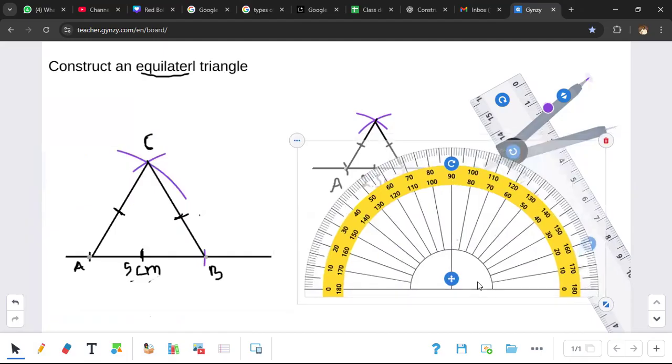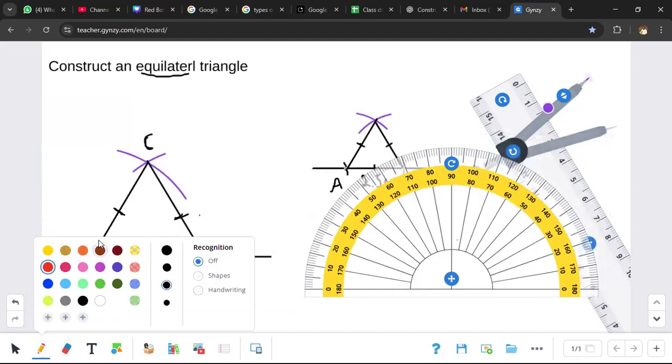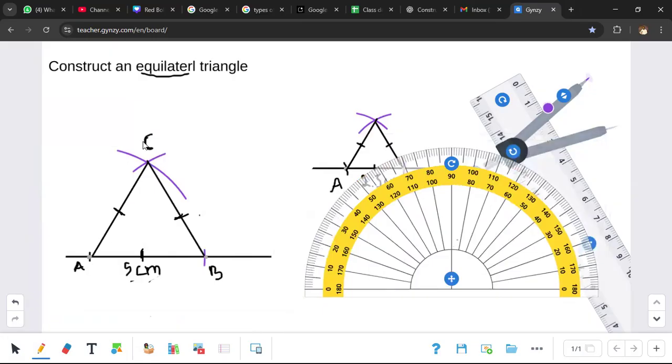So now think you need to find the magnitude of this angle CAB, right? Or BAC, right? I am going to find the magnitude of angle BAC. You can write it either way, right?